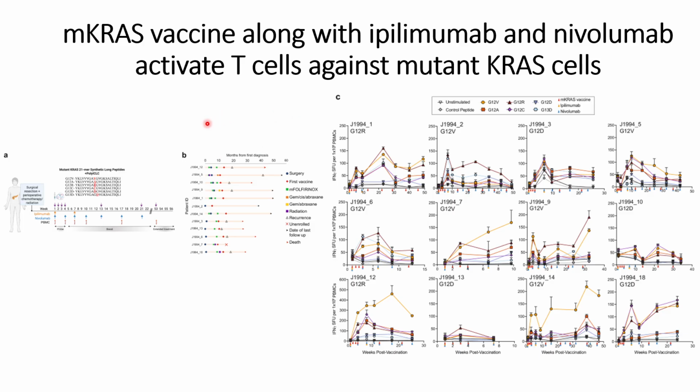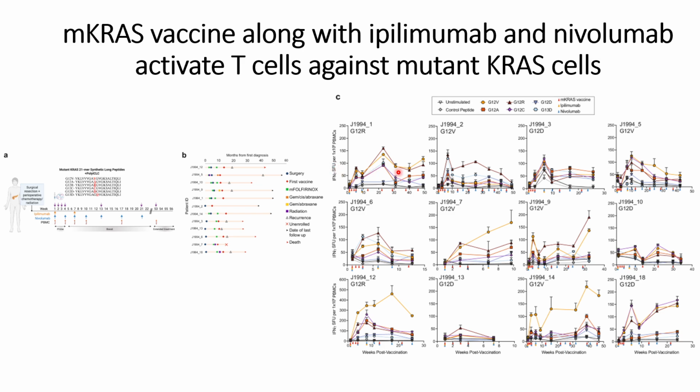What they are able to find is that when they inject peptides of different mutant mKRAS along with these drugs, that is ipilimumab and nivolumab, they are able to see an increase in the amount of IFN gamma. IFN gamma is usually released by activated T cells.